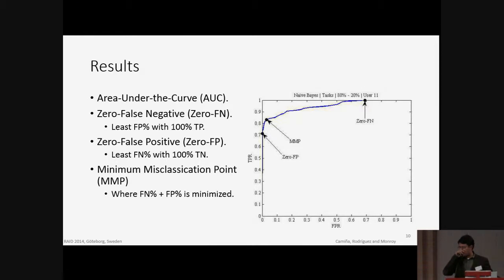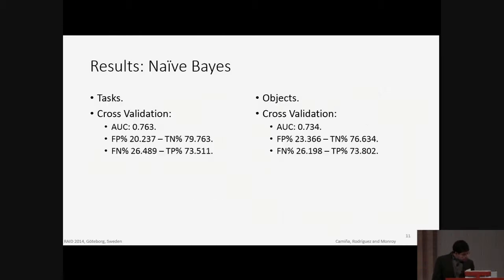This gives us a measurement of how good or how bad a classifier is. We also take the following measurements: the zero false negative point, that is how many false positives we have when we have zero false negatives; the inverse, that is how many false negatives we have when we have zero false positives; and the minimum misclassification point, which takes into account the point where we have the fewest false positives and false negatives.